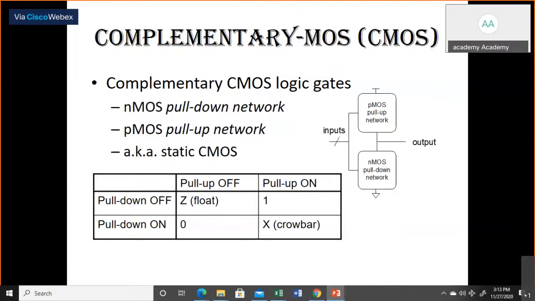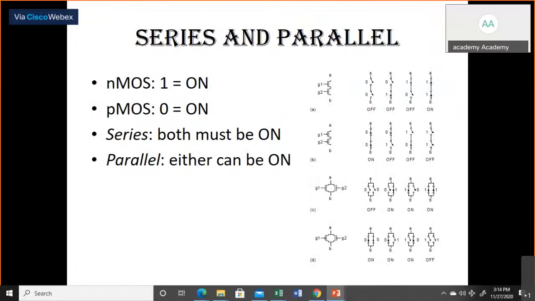As you know, complementary CMOS is a combination of a pull-up network and a pull-down network, because when you move from NMOS to CMOS, any circuit realization is possible. NMOS acts as the pull-down network and PMOS as the pull-up network, and this can be a series and parallel combination.